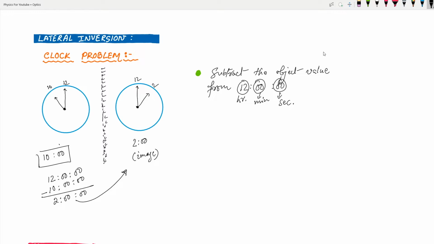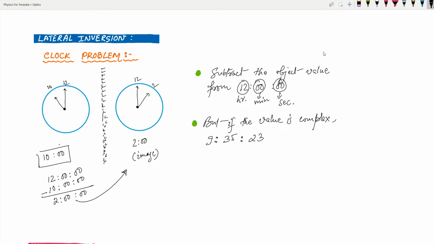But sometimes things become much more difficult if the values are complex. So let's try with some complex value, like 9 hours and 35 minutes and suppose 23 seconds. Then what will be the timing on the image side?